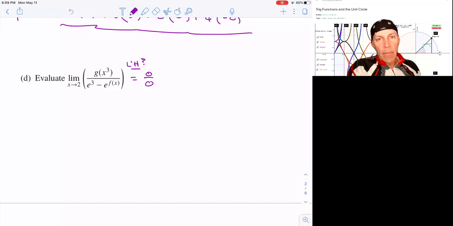Indeterminate forms, 0 over 0 or infinity over infinity or negative infinity over negative infinity, can never be the answer to a limit expression. A limit is either going to be DNE, the limit does not exist, or a number, 0 or -2 or 5 or 6 or whatever, but it's never going to be the indeterminate form.